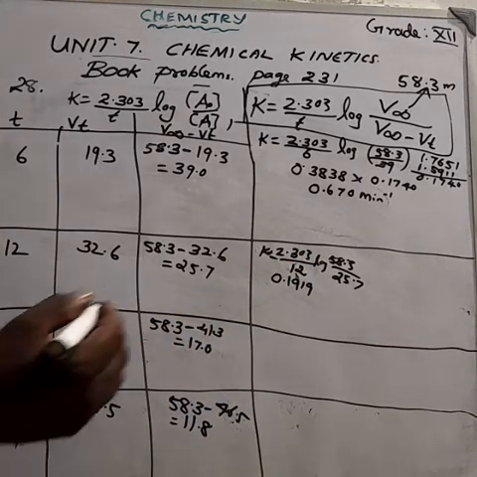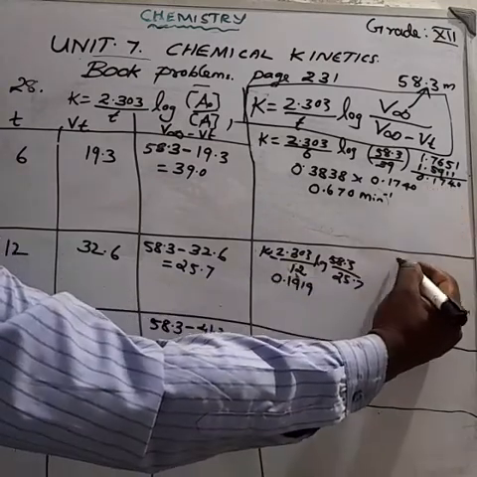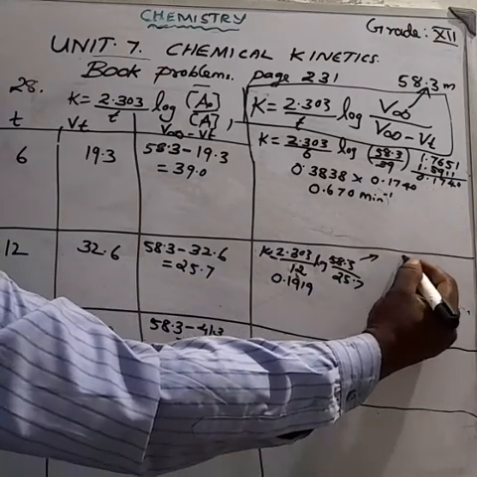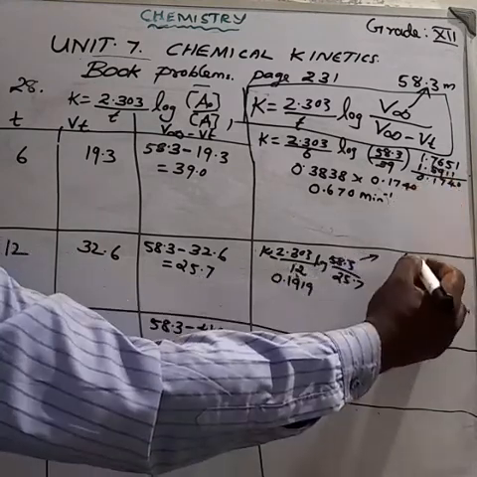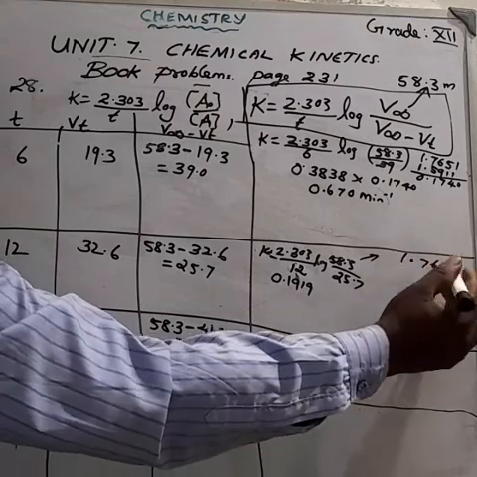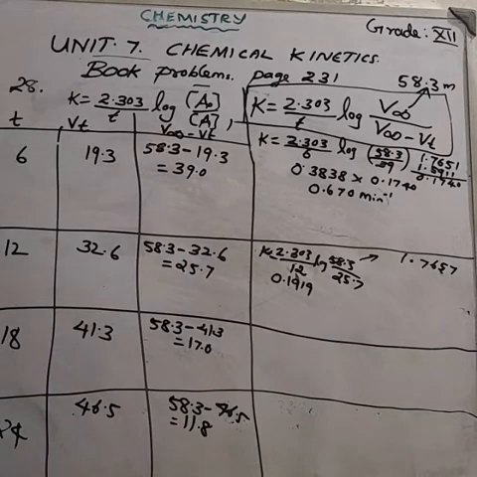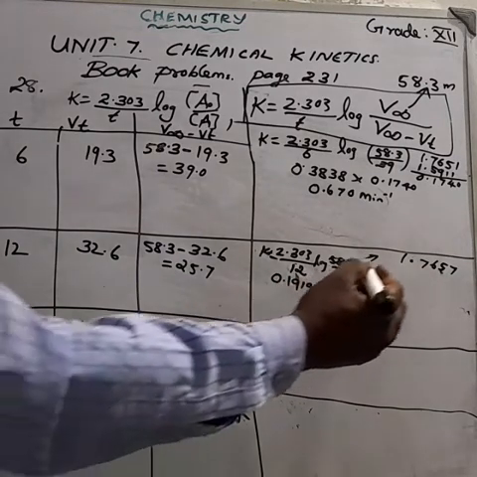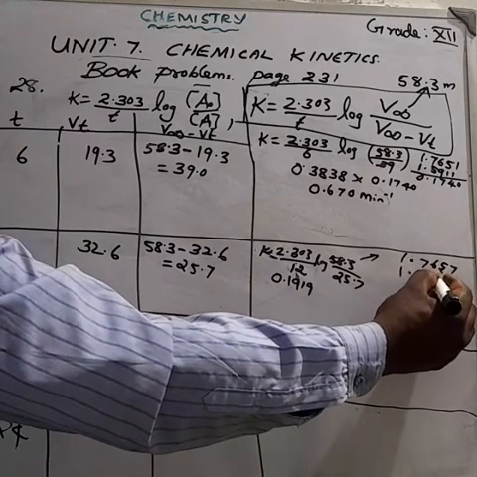Next I take the log values. Please take the log book. The log of 58.3 we already found, 1.7657, and the log of 25.7 is 1.4099.